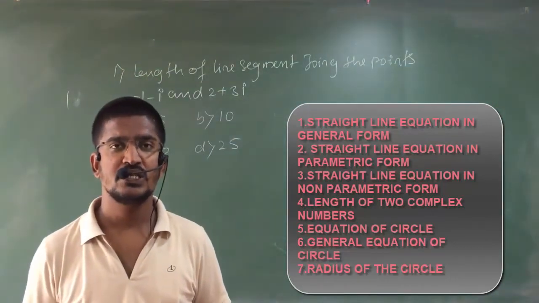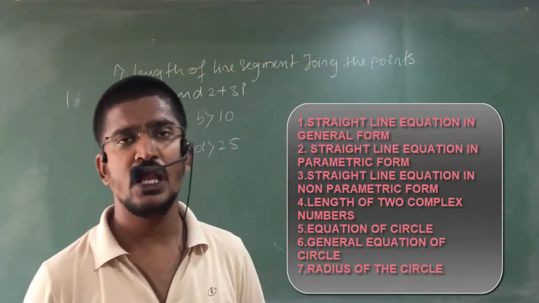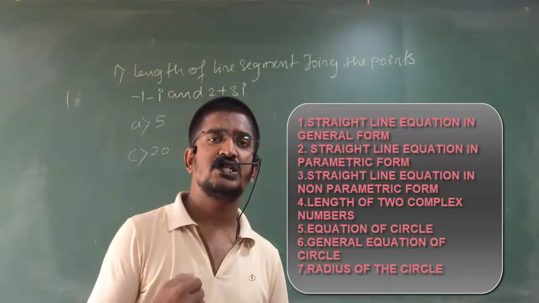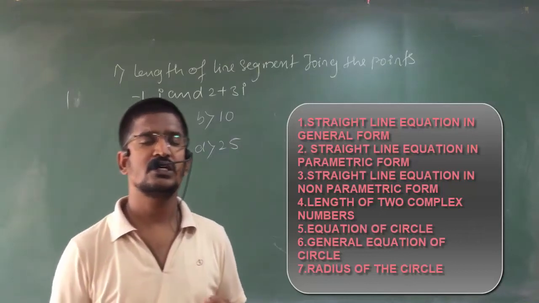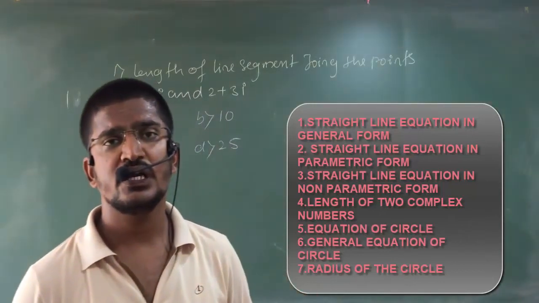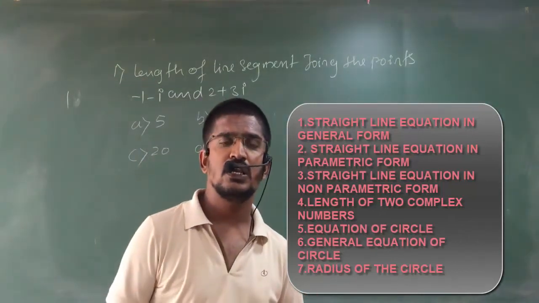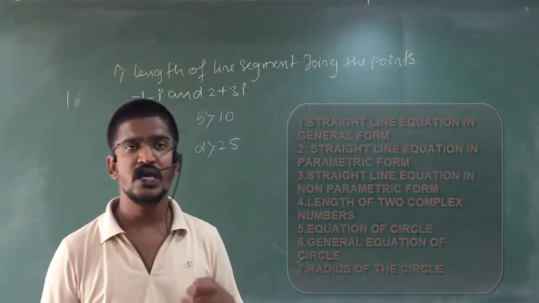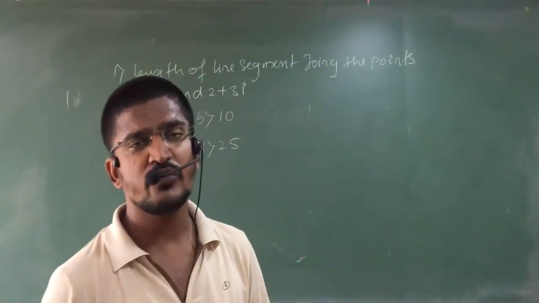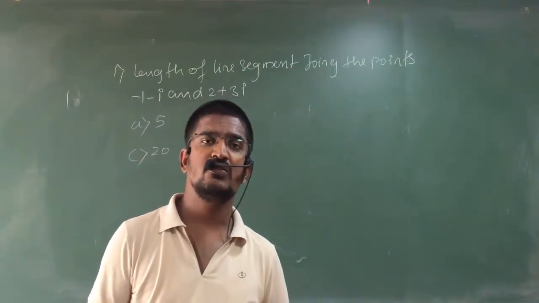We also discussed the equation of circle, the general equation of circle, and the radius of the circle and all terms. Clear, students? So now, by using all those terms, which type of questions are going to be asked in your exam?